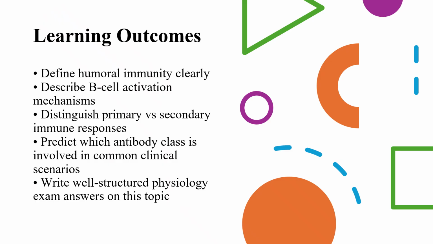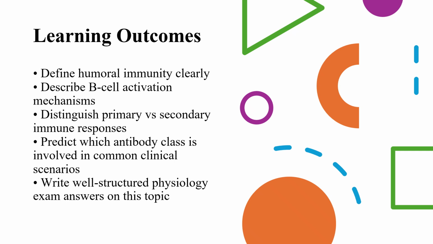Now, while the previous slide outlined what we'll cover, what we'll be able to demonstrate both conceptually and in an exam setting is listed here. First, be able to define humoral immunity clearly, distilling the entire concept into a precise, elegant statement.